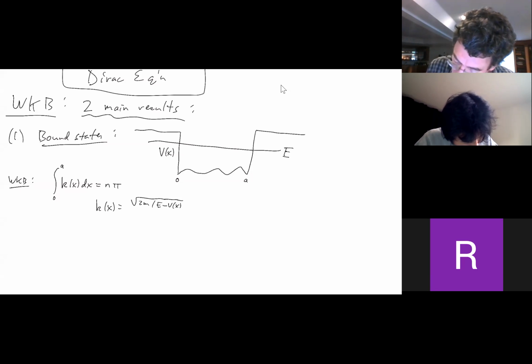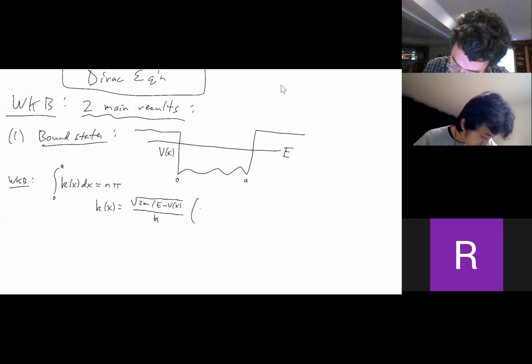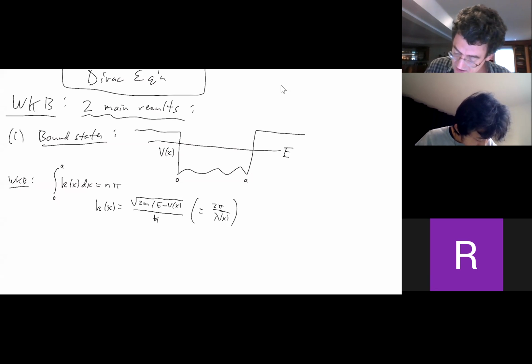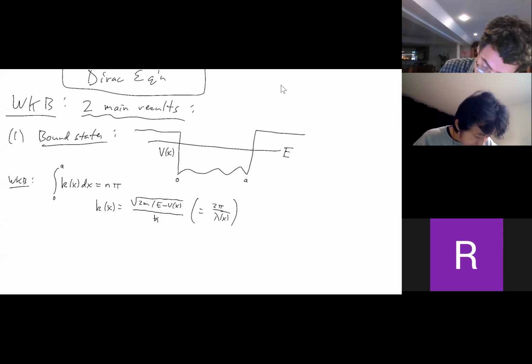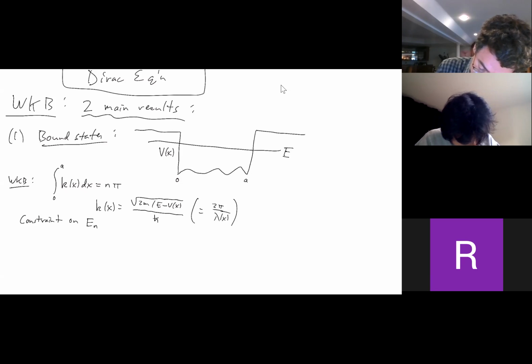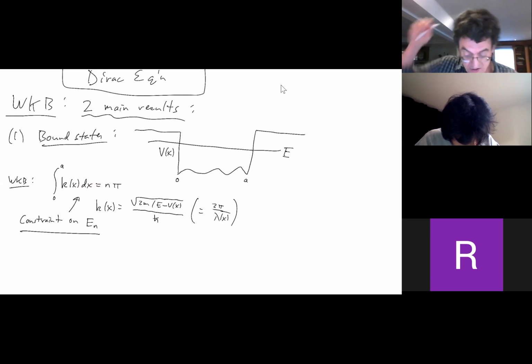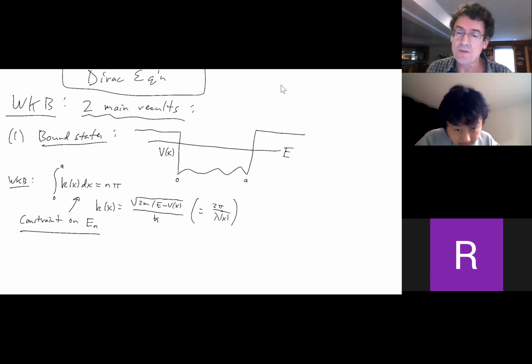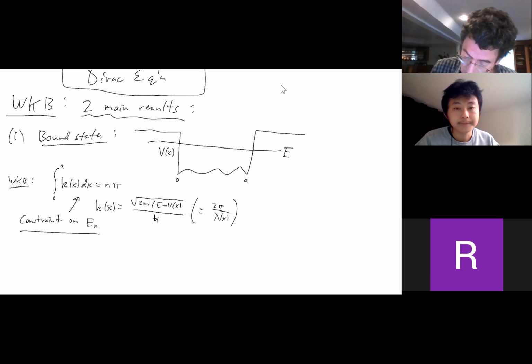It's basically a spatially dependent wave vector, sort of like 2 pi over lambda of x. This gives us a constraint on the eigenstates. So you can get the eigenstates by solving that integral. All right, so that's pretty useful.